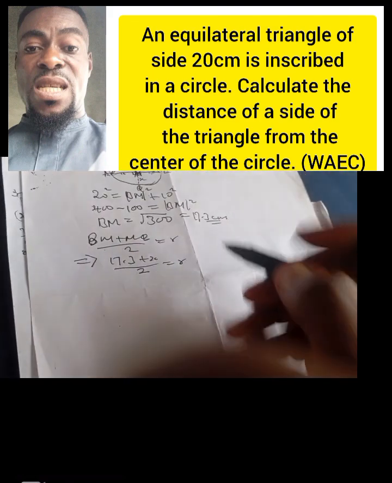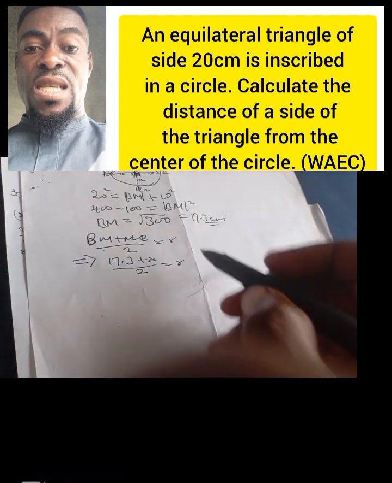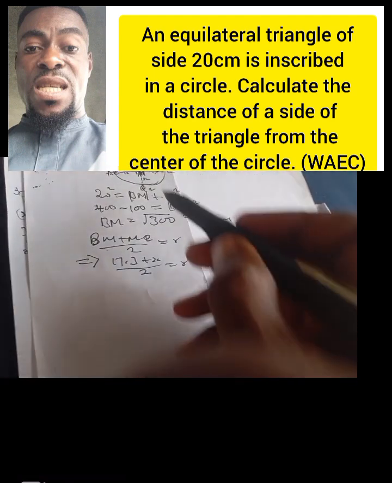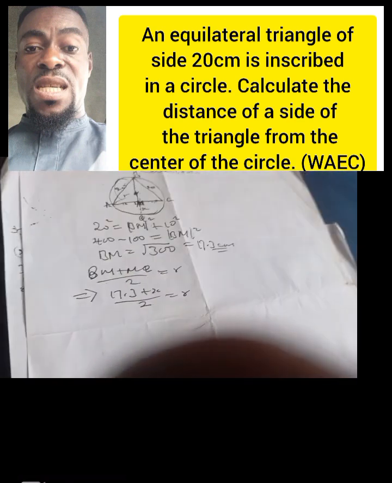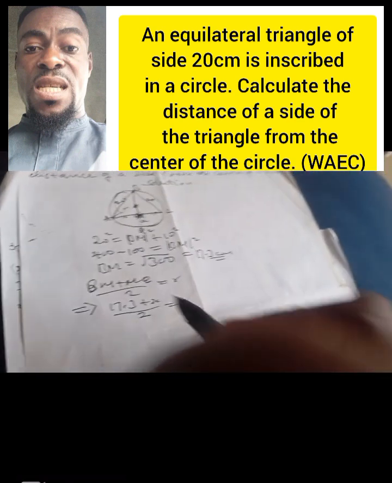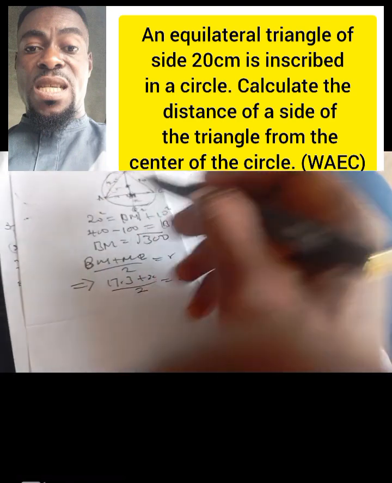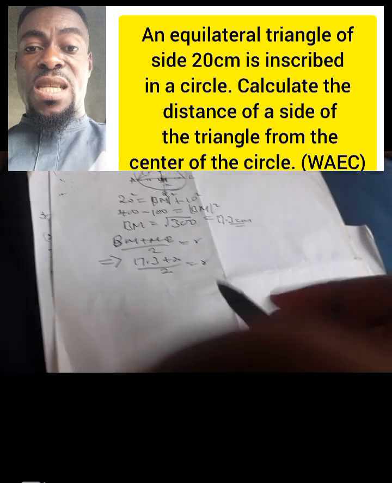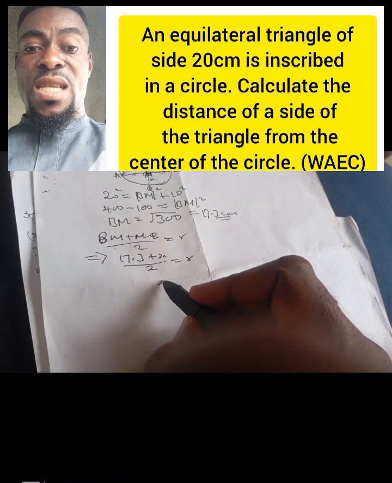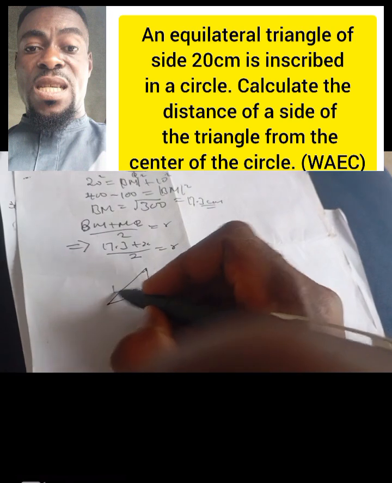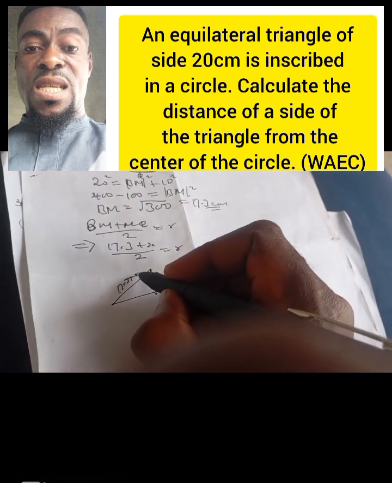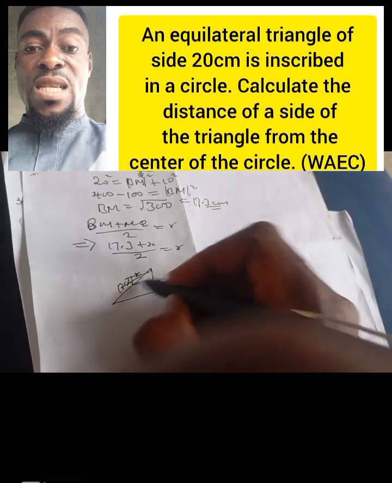So now this is R. So this triangle is just like this, where we have R to be 17.3 plus X all over 2.